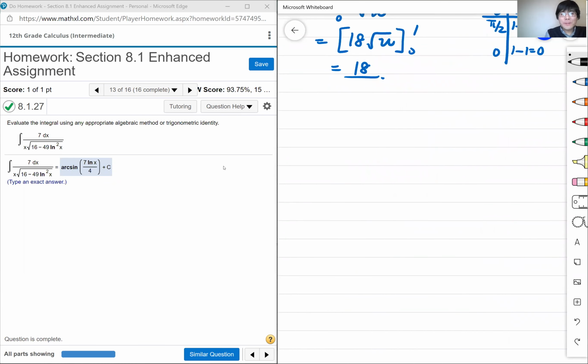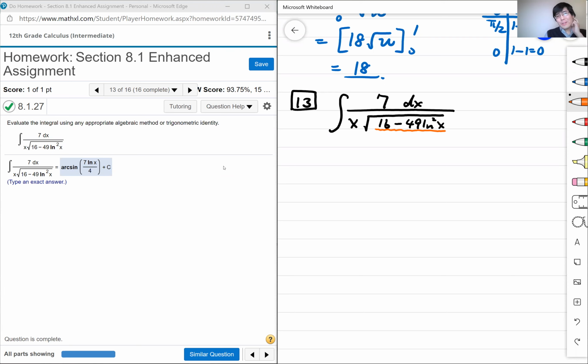Okay, next one is number 13, another integration, which looks complicated. 7dx over x square root of 16 minus 49 ln x squared. Looks very complicated, but the things to notice is what if inside the square root is u?